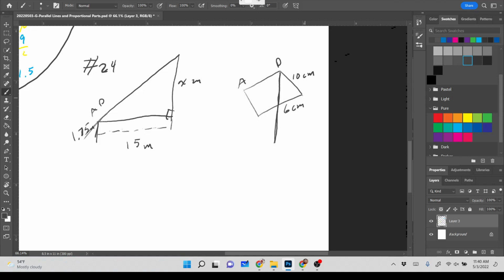It also labels this as being a right angle. It's hard to see, but it labels that as being a right angle. Okay. I clearly didn't draw it to scale, but where are the similar triangles?